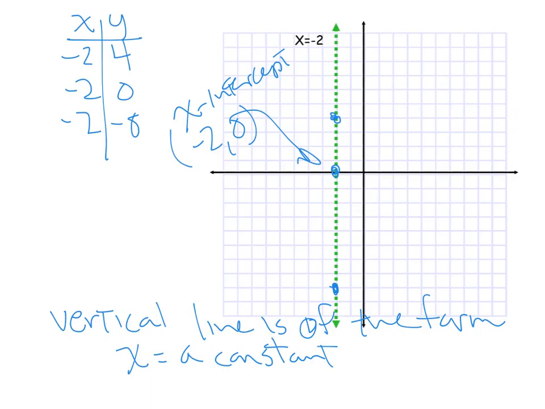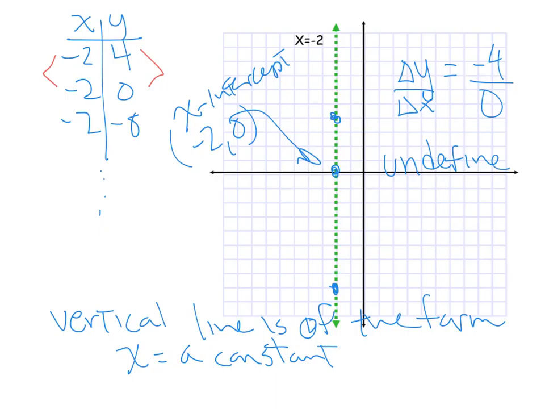So, for example, with this input-output chart, we could go on forever, but let's pick a couple of these points to calculate the slope now. If we go from the first point to the second point, the change in y is -4, and the change in x is 0. Anything divided by 0 is undefined. We cannot divide by 0.